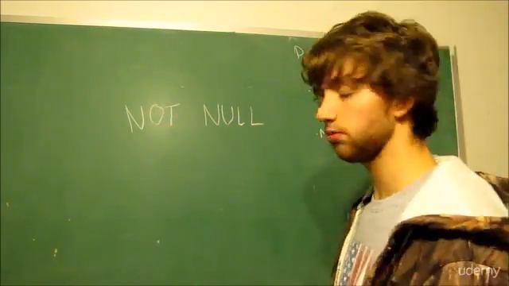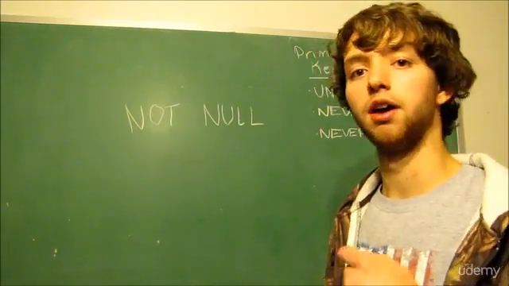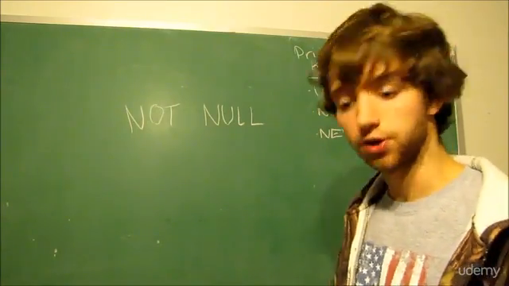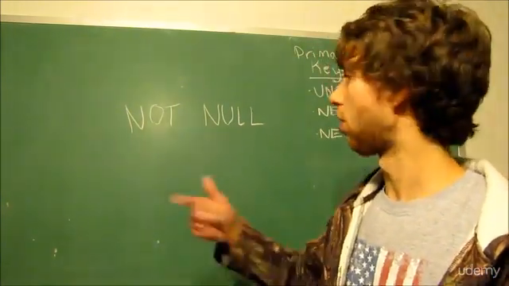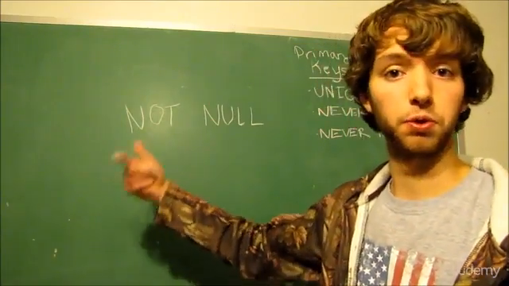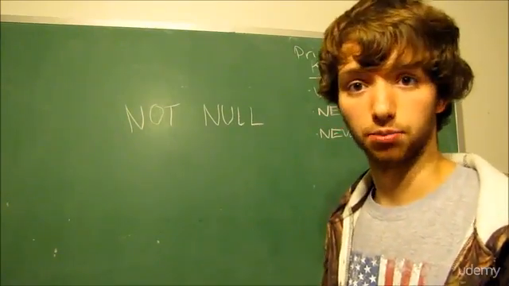So if it's not null, you have to give that column a value every single row. The rows are each individual entry within the table. If you have the column characteristic of not null, for every row it's going to be required that it has a value. So think of a fax number.